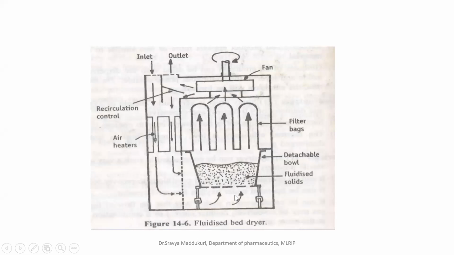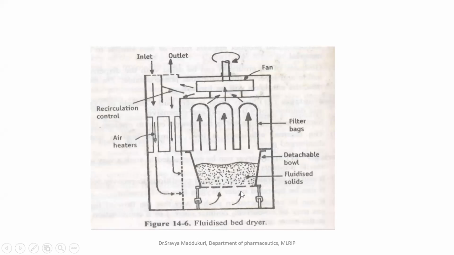And it consists of heaters here. Inlet is from here. Hot air from here is passed through these air heaters. Then it gets heated up, and the hot air is directed to the bed of solids.